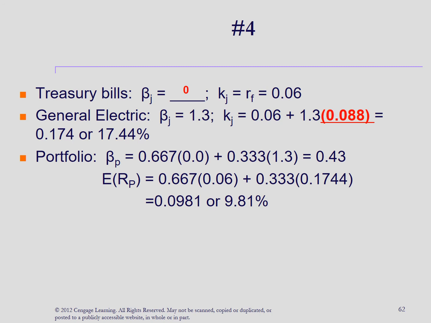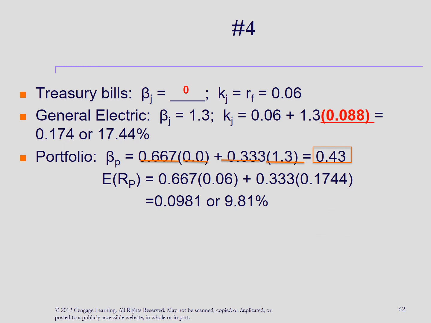Portfolio beta is a weighted average of individual security betas. In this question, it is calculated by portion of funds invested in T-bills times beta for T-bills plus portion of funds invested in General Electric times beta for General Electric equal to 0.43.